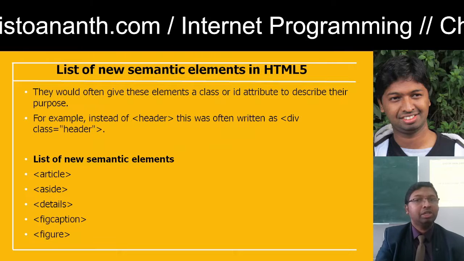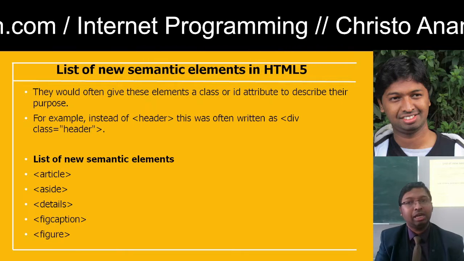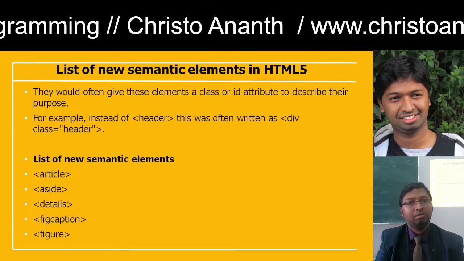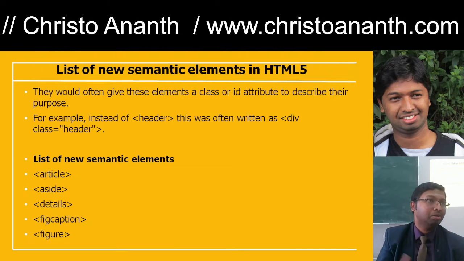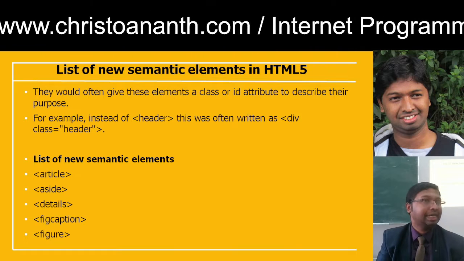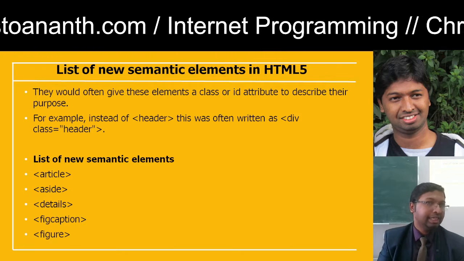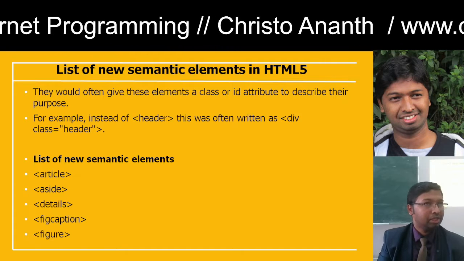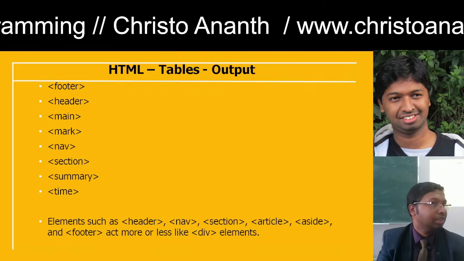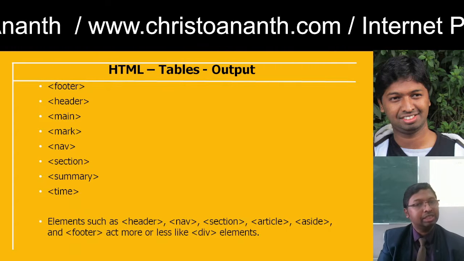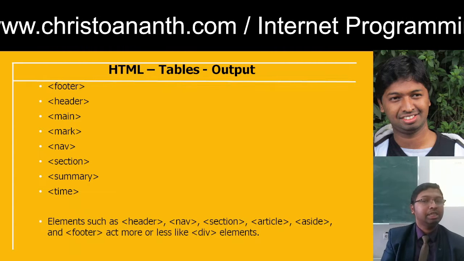Here is the list of the new semantic elements in HTML5. For example, for the header, normally you would use div class equal to header. Then you have article, aside, details, figcaption, figure, footer, header, main, mark, nav, section, summary, and time.